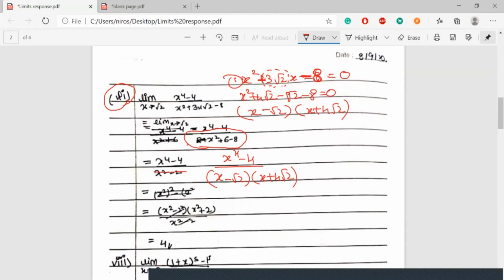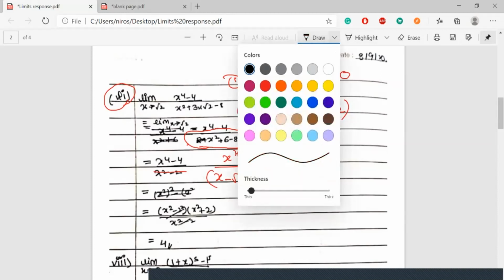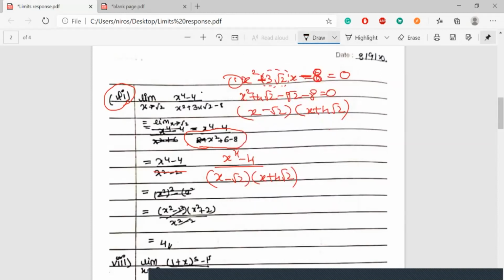Now for x power 4, we can write 4 as root 2 to the power 4, because we should apply the formula x power n minus a power n by x minus a. Here a is root 2, so we have to write 4 in terms of root 2.